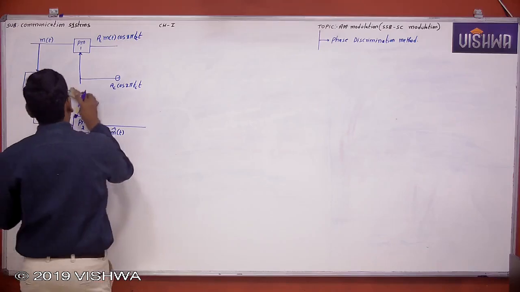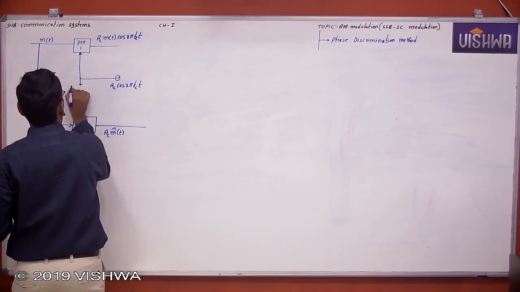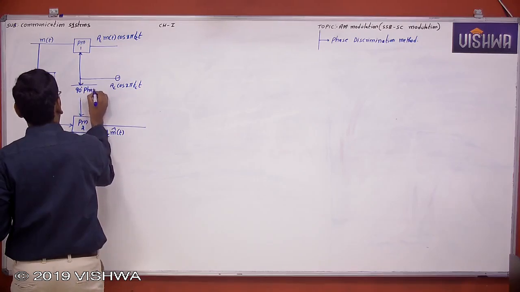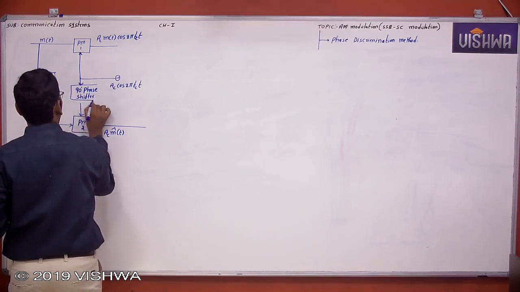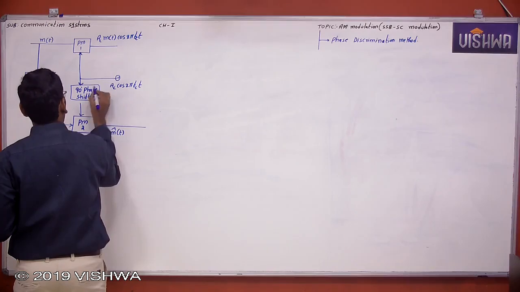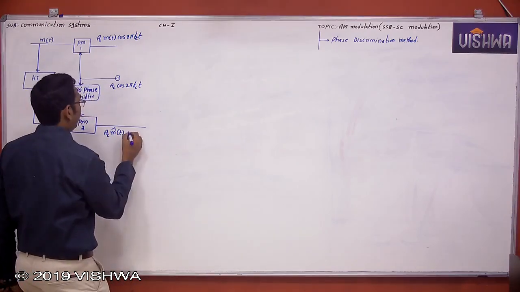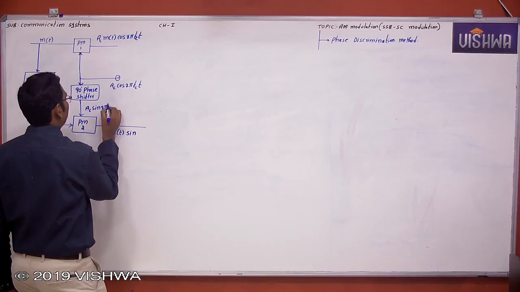Here I also use a phase shifter, because this is already called a phase shifting method. A 90 degrees phase shifter is used here. Now this is Ac m cap of t, and this is Ac sin 2 pi fct.